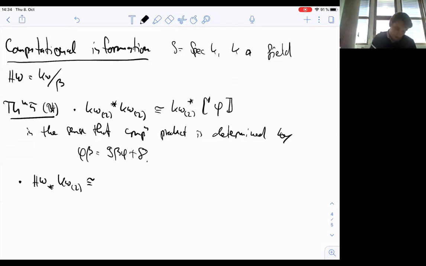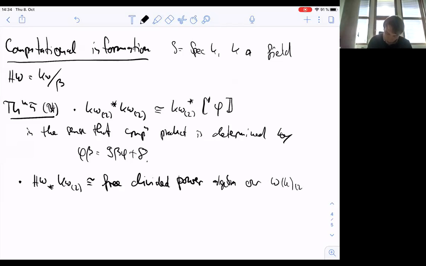I'm not sure why this happens, but what you get is a free divided power algebra over the Witt ring, 2-localized, of course, on a class x in degree 4.